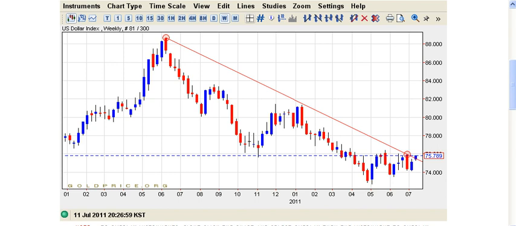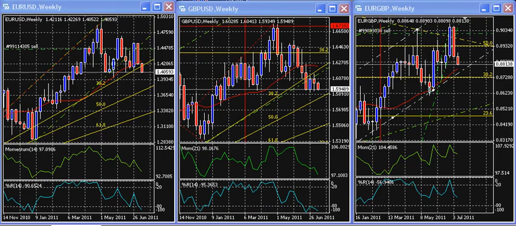Now, with that said, we'll be moving on to the euro as well as the euro pound cross rates' reaction to this movement.